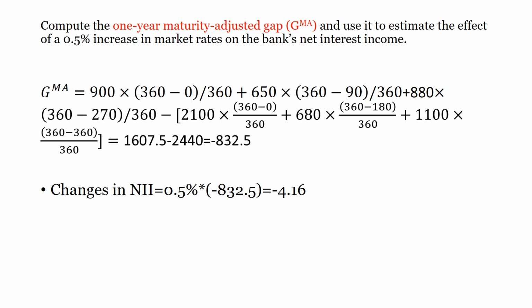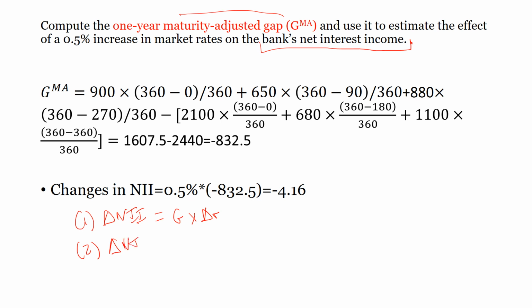So you haven't finished, because your next step for the same question is to calculate the change in the bank's net interest income, but the formula is the same. The formula we were given in the first question was this one. So the change in net interest income is the gap times delta R. Here you have a different gap, a maturity adjusted gap, but the formula to find the change in the net interest income is the same.